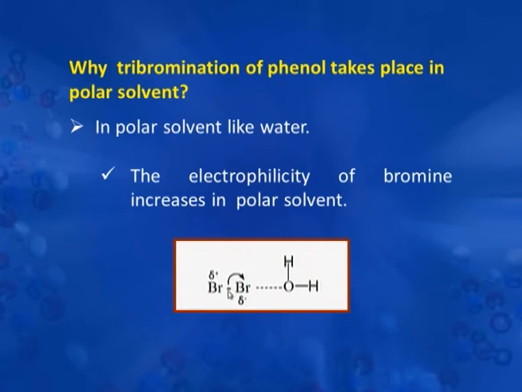So, more electrophilicity of electrophile and more polarity, or you can say the more negative charge present on the ortho and para positions of phenol. As a result, tribromination takes place when we are using a polar solvent with bromine.